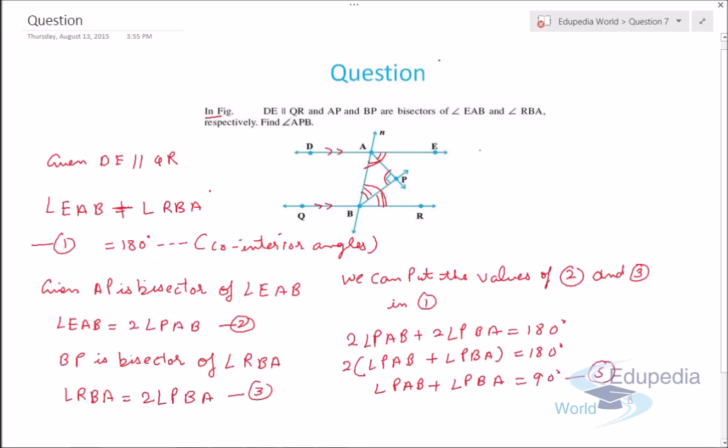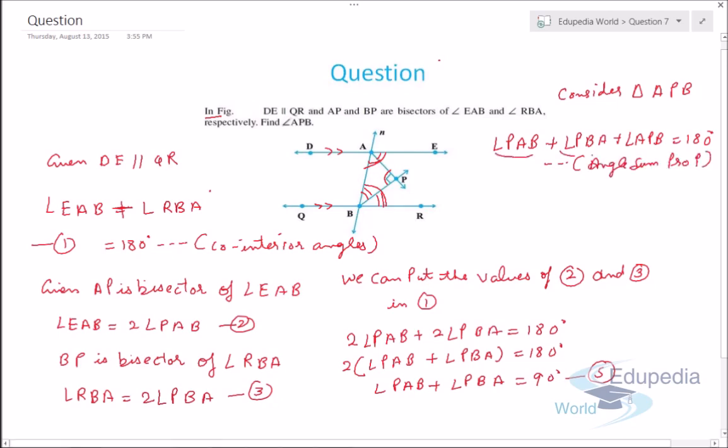Now what we have to do further is consider triangle APB. In this triangle, angle PAB plus angle PBA plus angle APB is 180 degrees. Why? Because of the angle sum property. So we have angle PAB plus angle PBA is 90 degrees.